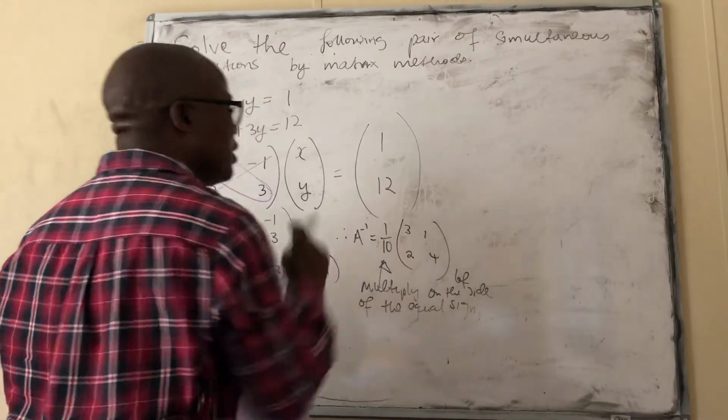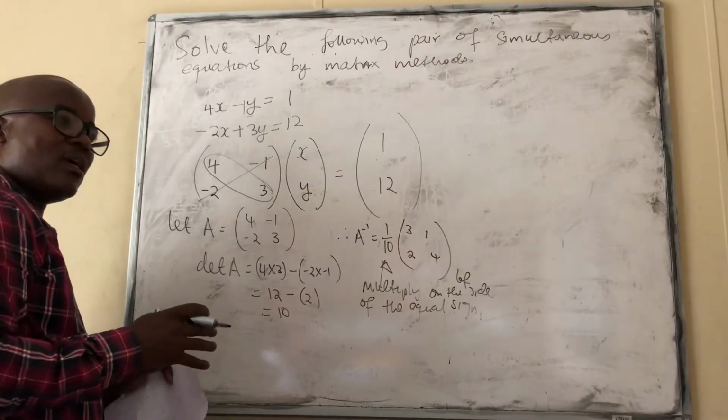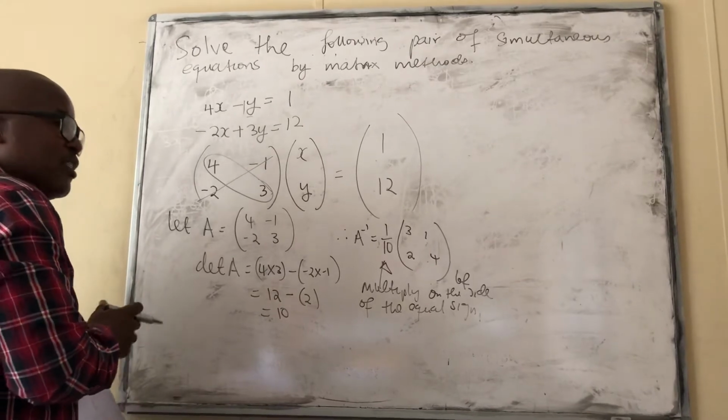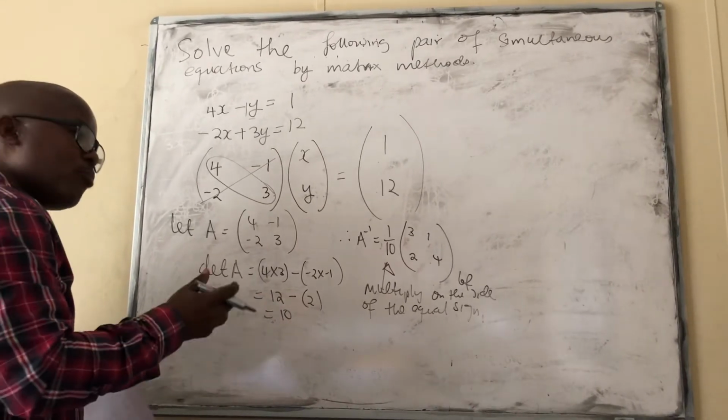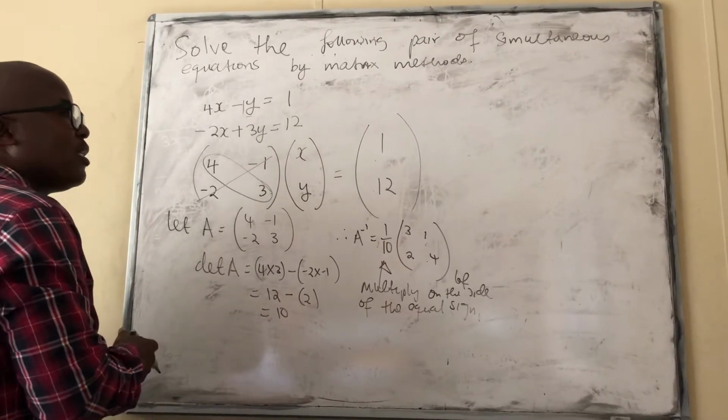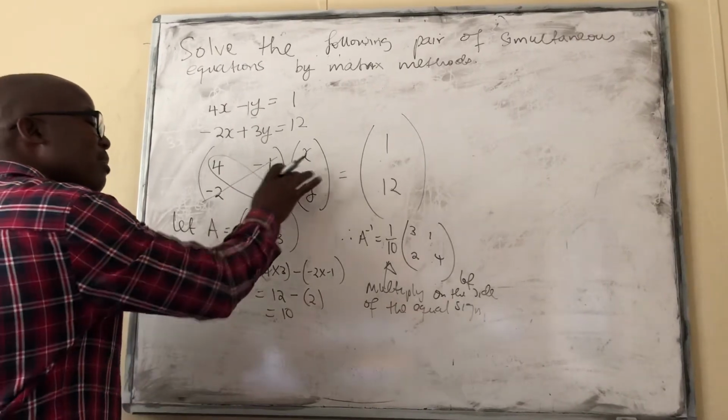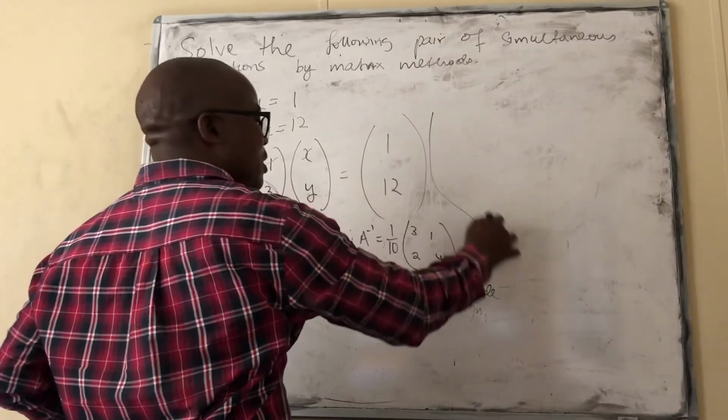You use this inverse to multiply on the left side of each equal sign. In other words, you place the inverse on the left side of the equal sign in the matrix equation. So let's do that.